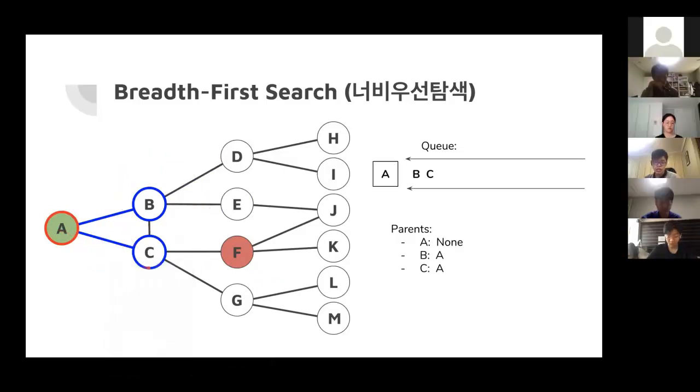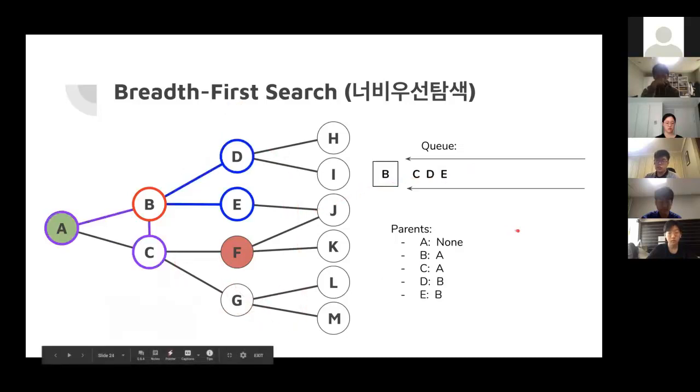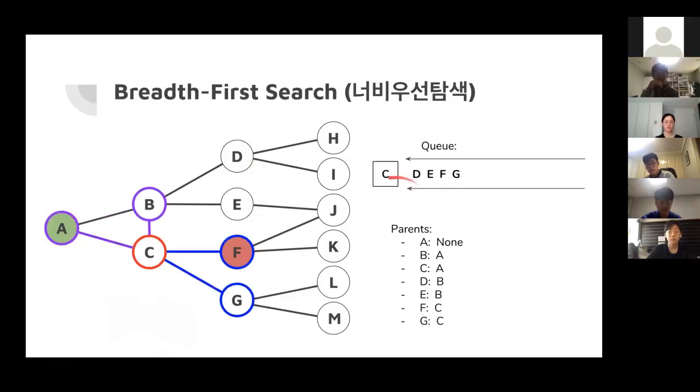Because every point that's connected to A is going to be pushed into the queue, which means every level 1 node is going to be inputted into the queue. After all the level 1s are here, then we pop out the level 1s to get the level 2s. And as we methodically go through all the level 1s, we're going to inevitably input all the level 2s into the queue. So if you see here, all the level 2s are D, E, F, and G, and voila, all these 4 are input into the queue.